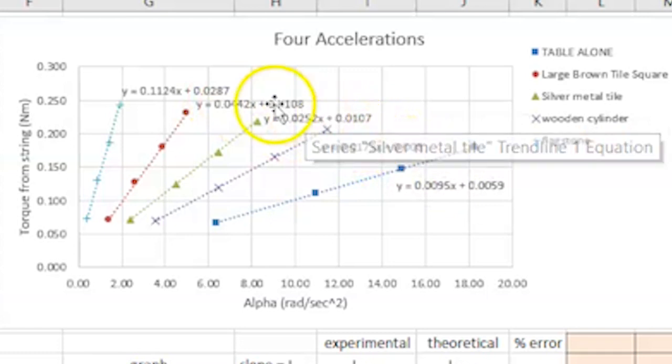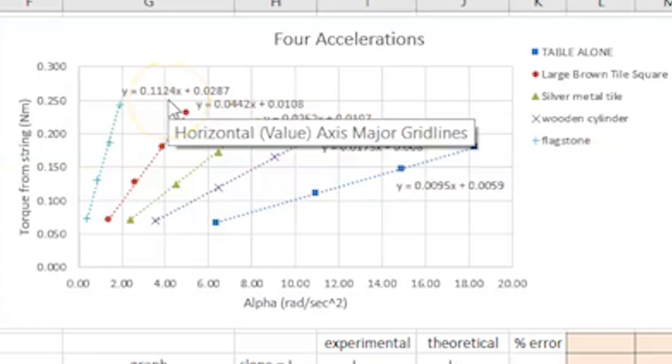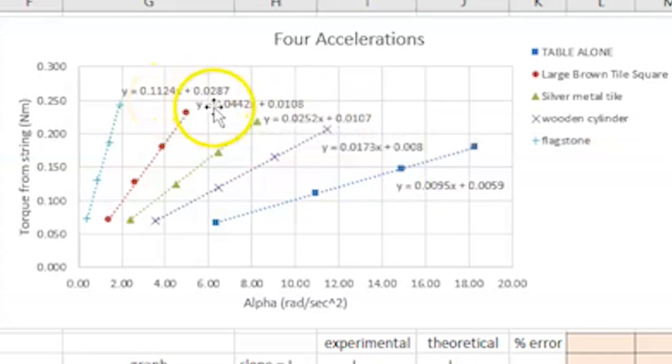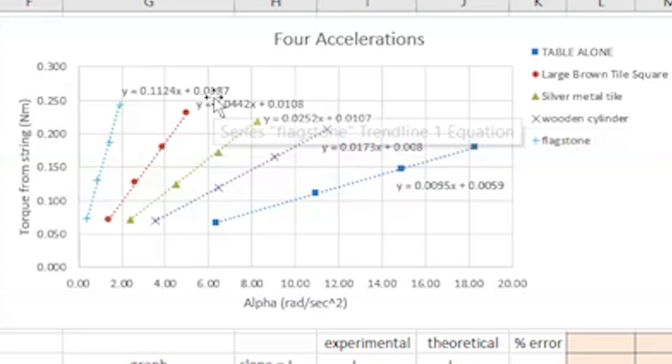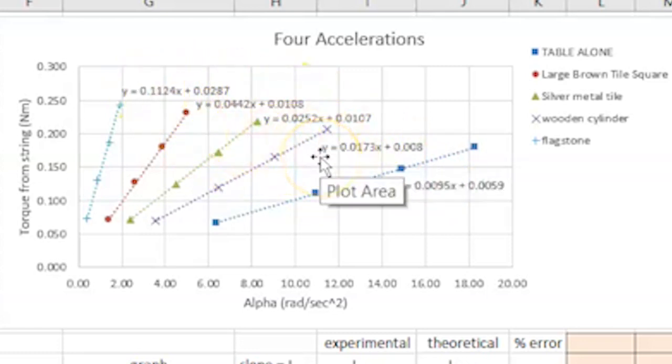They're increasing until the flagstone has the greatest, 0.0287, the greatest frictional torque, which makes sense because the heavier object on the turntable will press down on the bearing more, creating slightly more friction. So this agrees pretty well with our method of graphing, and that the y-intercept represents the torque due to the friction.